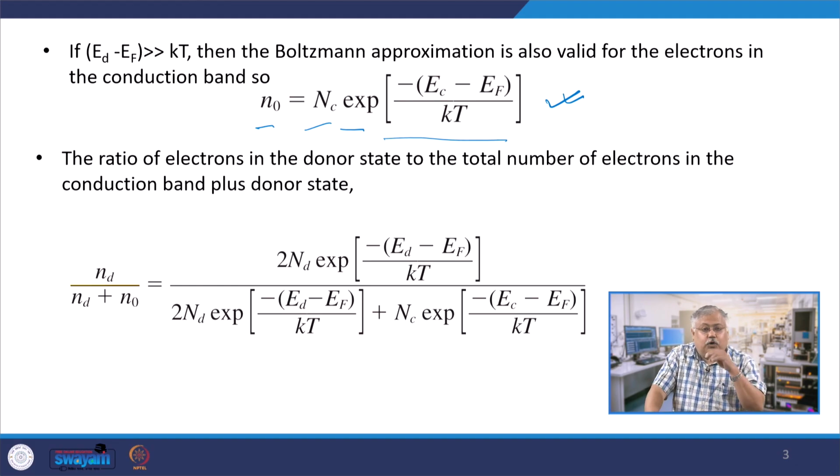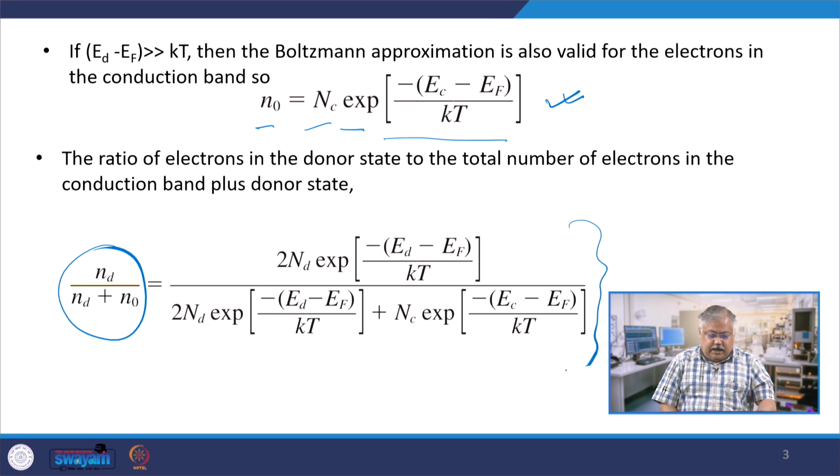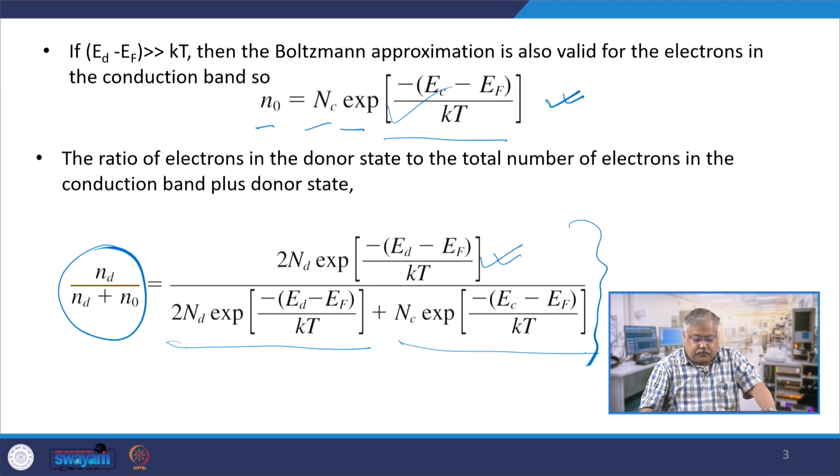If you want to find out the fraction of the number of donor states with respect to the total number of electrons, then we can write that as ND upon ND plus N0, and that comes out to be this quantity here. ND we just found out to be 2 ND exponential minus ED minus EF, and N0 will be given by this quantity here. This is a very straightforward expression in front of you.